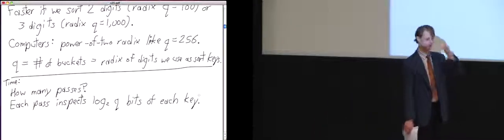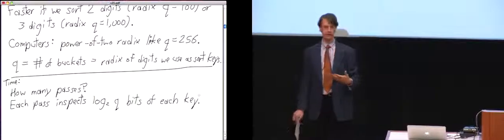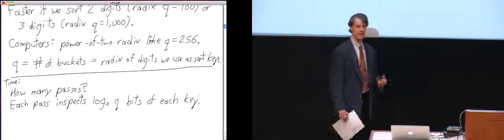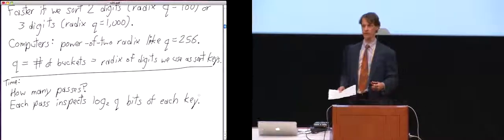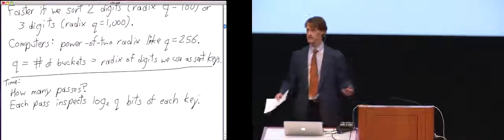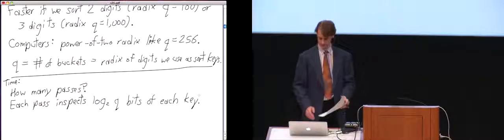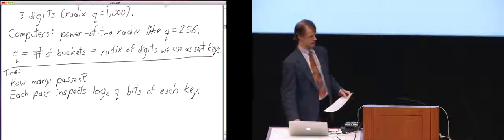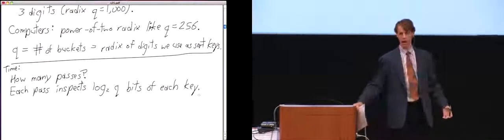And if I'm using 1,000 buckets, well, yes, you can examine a fractional number of bits at a time. In this case, it would be just slightly less than 10 bits if you used 1,000 buckets. And yes, it actually does make sense to talk about a fractional bit and divide numbers into fractional bits, because that's essentially what you do when you use a number of buckets that's not a power of 2.